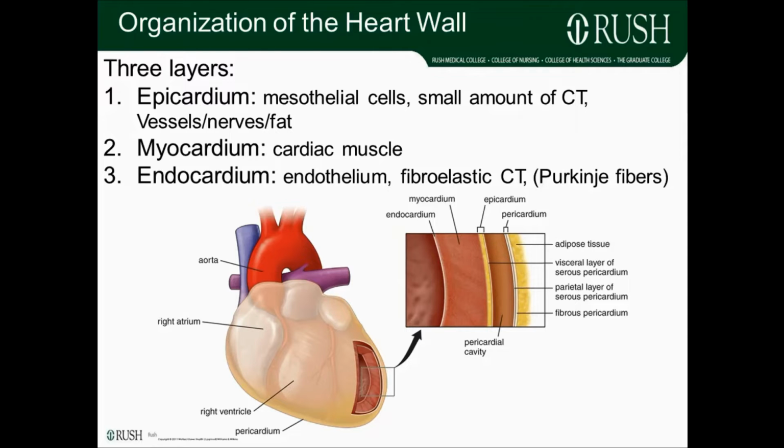Underneath that, you have the myocardium, which is comprised of the cardiac muscle. And interior to that, next to the actual chambers of the heart, is the endocardium, which has the endothelial layer and some fibroelastic connective tissue, and in certain areas, Purkinje fibers, which were just mentioned as part of the conduction system of the heart.